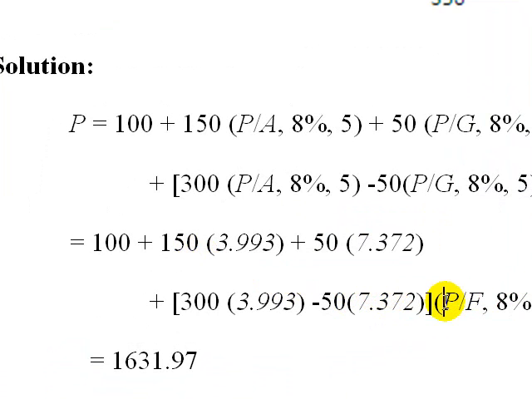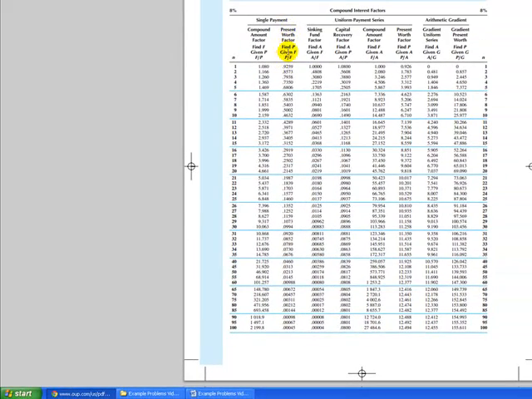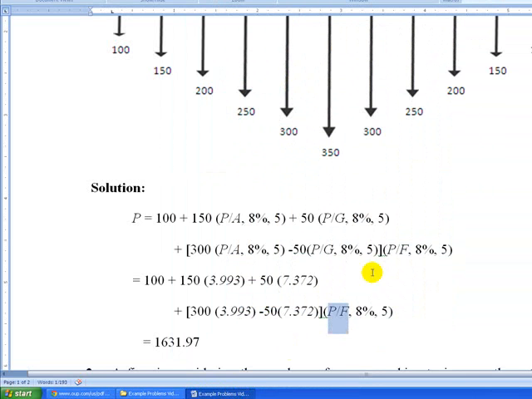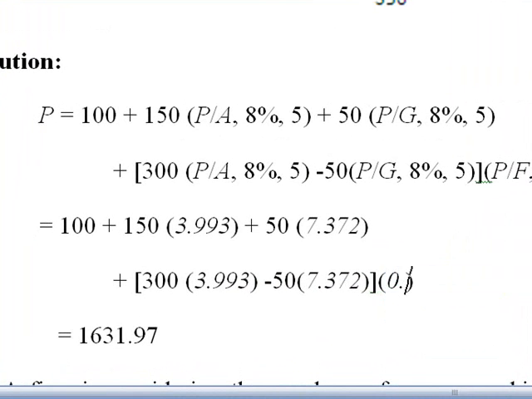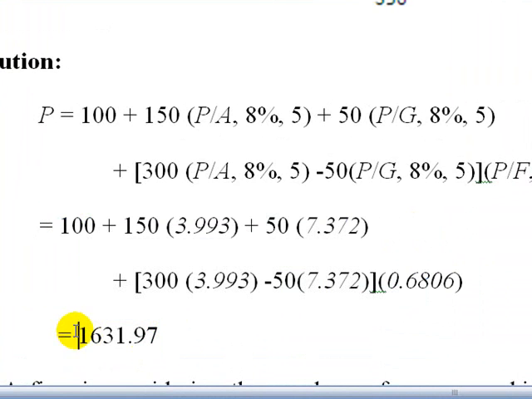And finally we need to find this factor, P given F. If the future value is given, find P given the future value, which is 0.6806. So we replace that with 0.6806.